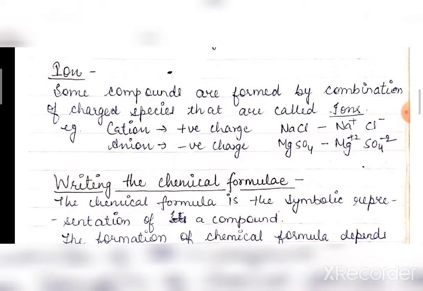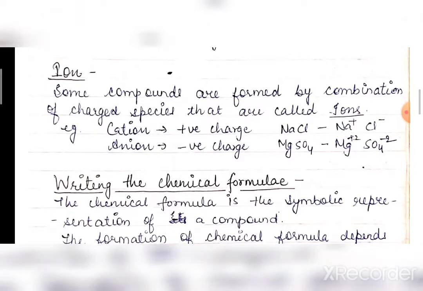Then Cl minus, it is having negative charge, so it is an anion, chloride anion. Then in MgSO4, Mg having plus 2 valency is a cation, and SO4 having minus 2 valency is an anion. So negatively charged ions are anions and positively charged are cations.